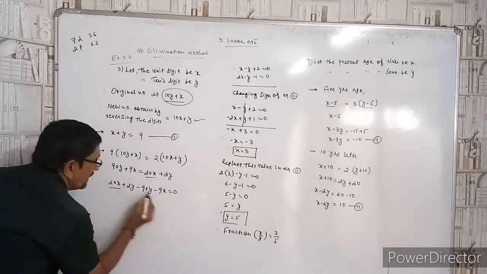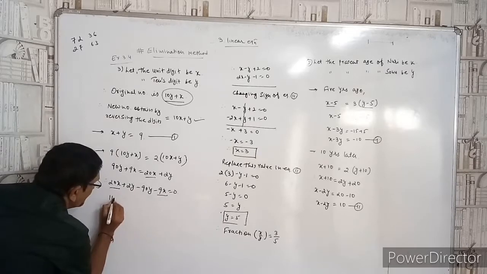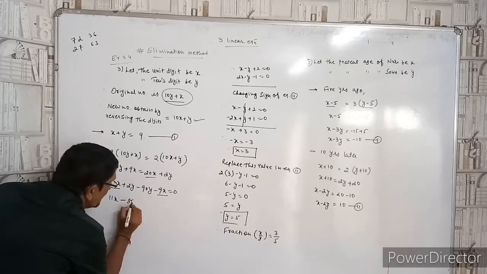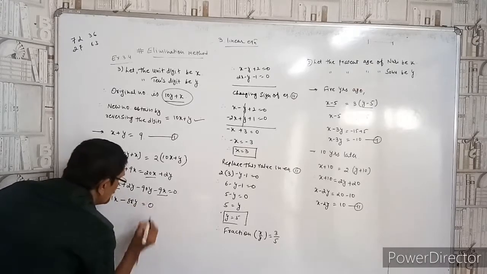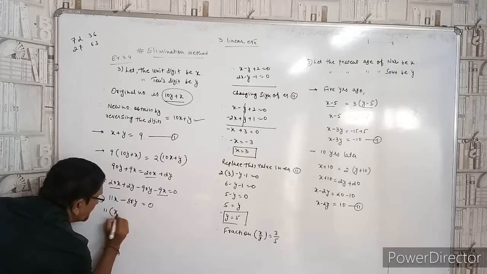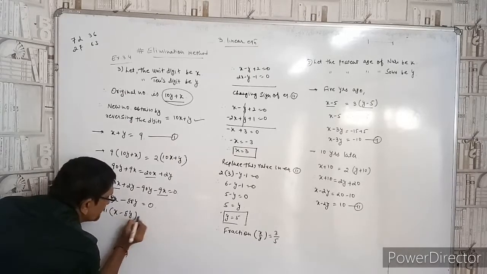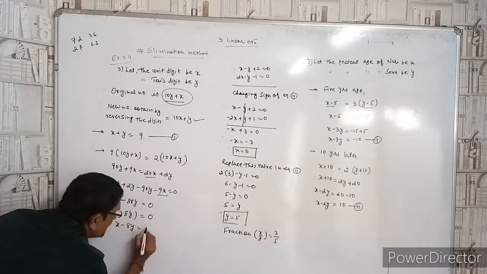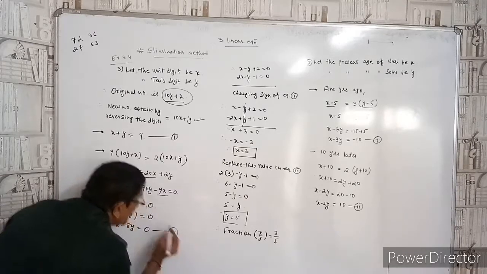So 20 minus 9 is 11x, and 2 minus 90 gives minus 88y, equal to 0. Here for simplification we take 11 as a common factor. x minus 8y is equal to 0. So therefore x minus 8y is equal to 0. This is the second equation.